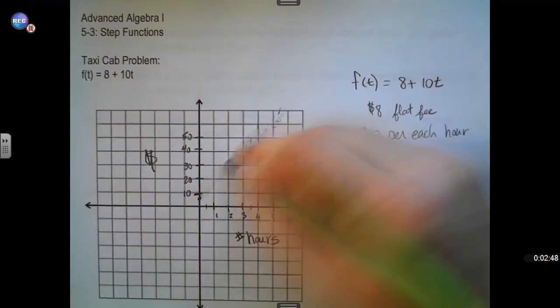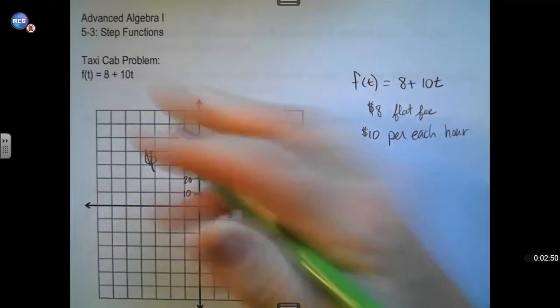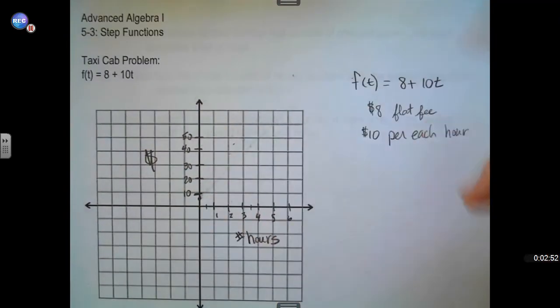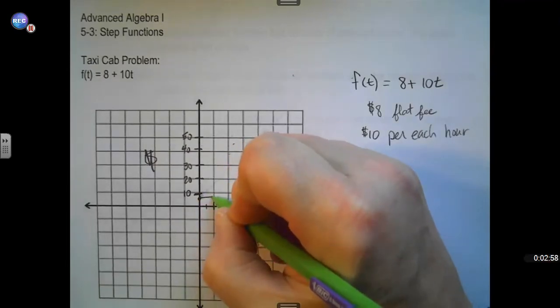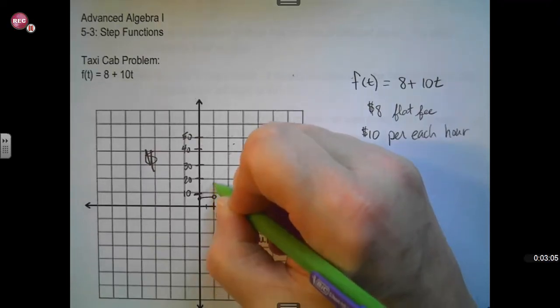You're going to pay $8 until we hit that hour. So what it looks like is we draw a line over here, and then I put an open circle on 1, and as soon as I hit 1, I'm going to add $10 to my charge.